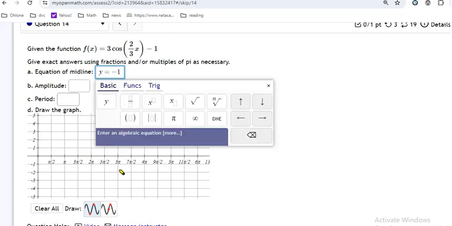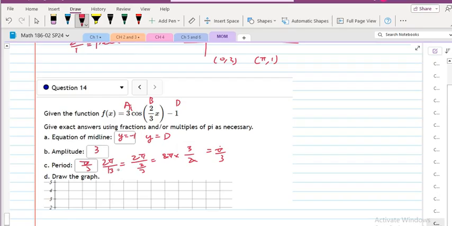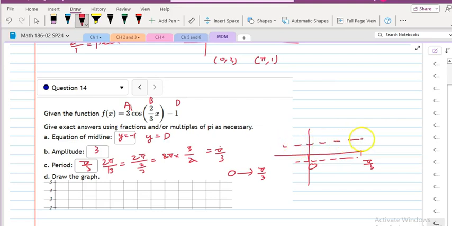So to draw the picture, we would assume it to be cosine, no phase shift. So that means still from 0 to pi over 3 is 1 cycle. My midline is -1. And then I have an amplitude of 3. So it would be up to 2 and then down to -4. Because it's a cosine, there's no reflection, so it goes from this one, highest is 2, and the middle of pi over 3 is pi over 6, right?